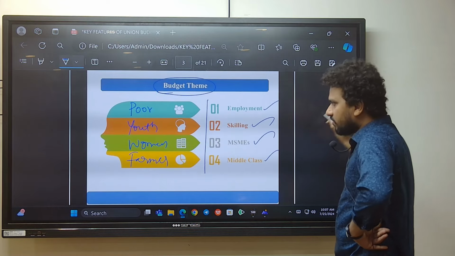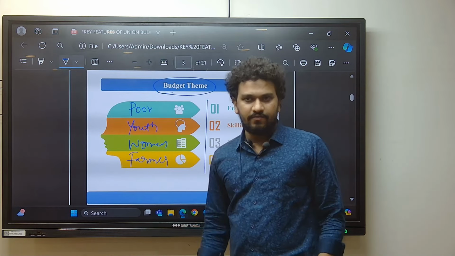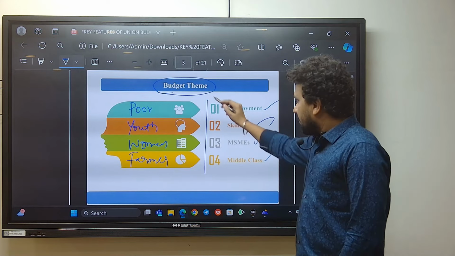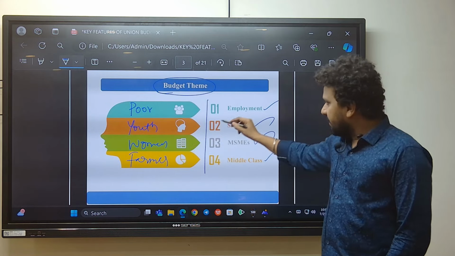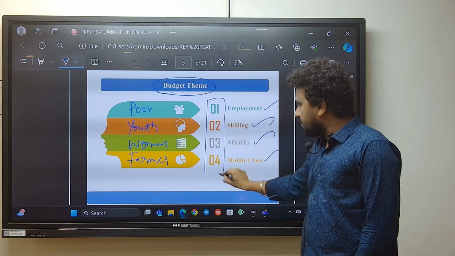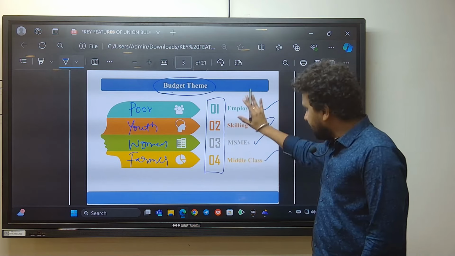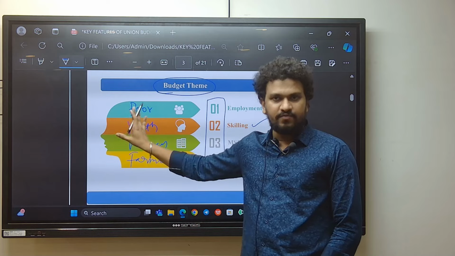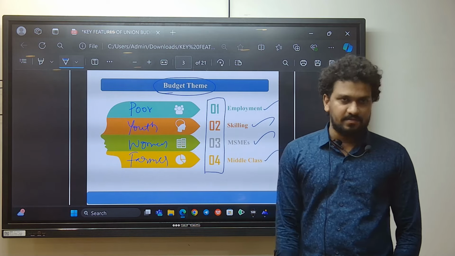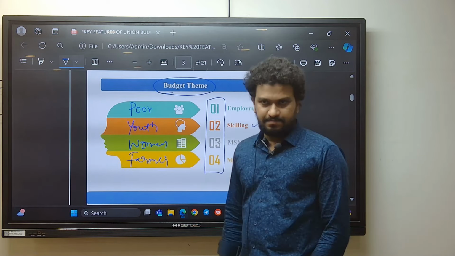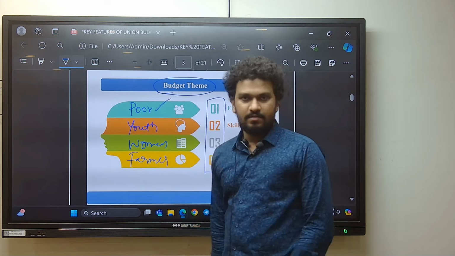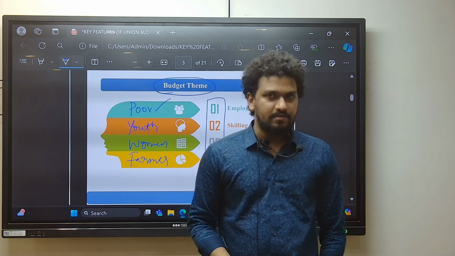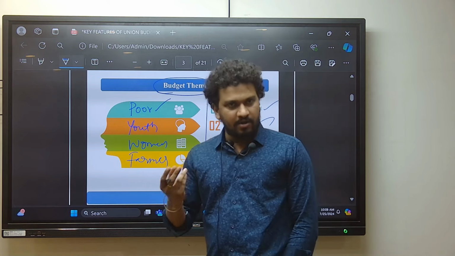When they are focusing on these four major focus areas, four major castes that the budget has mentioned, the budget theme has been addressing four major issues. These four major issues are addressing, directly or indirectly, the problems of these four major focus areas also. If you take, for example, the poor, in order to bring about a change in the poor people, what is required? You need to provide employment to them.